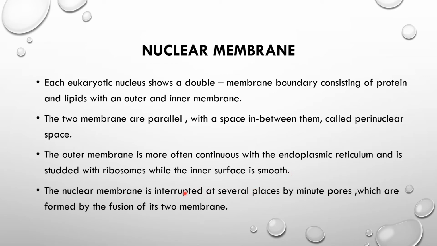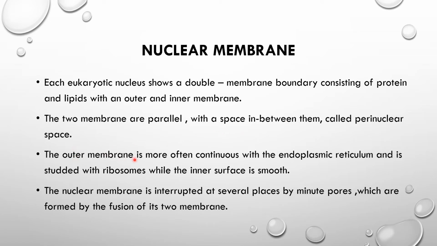The nuclear membrane is interrupted at several places by minute pores which are formed by fusion of its two membranes. So this is the detail of the nuclear membrane: it is a double membrane with outer and inner membrane, with a space in between called the perinuclear space.